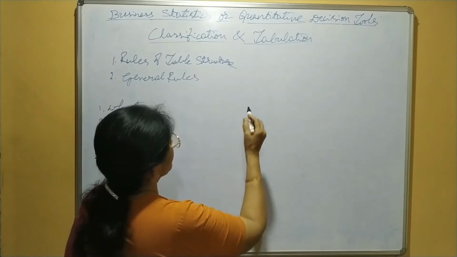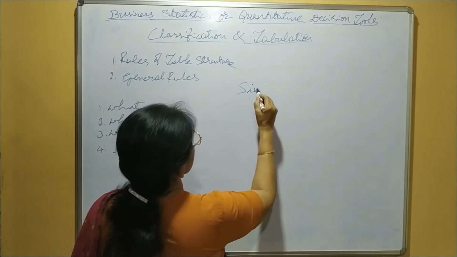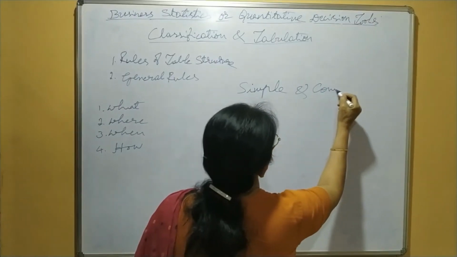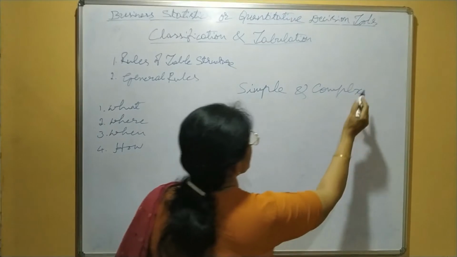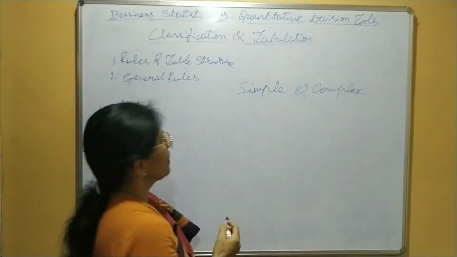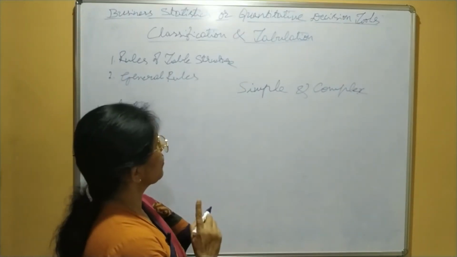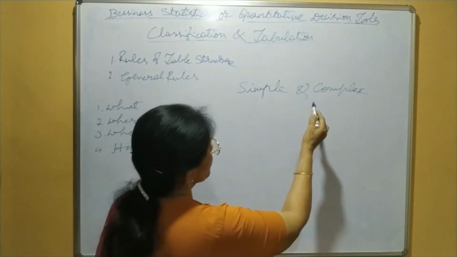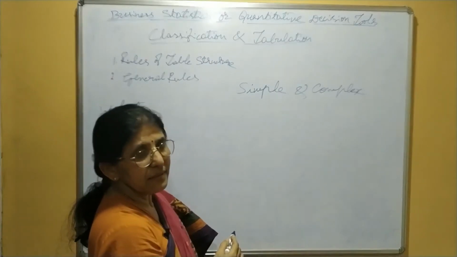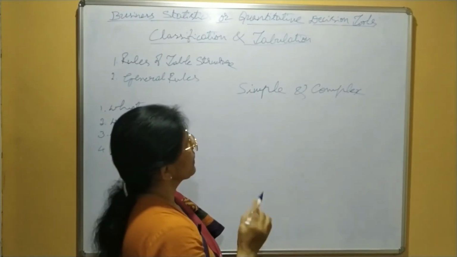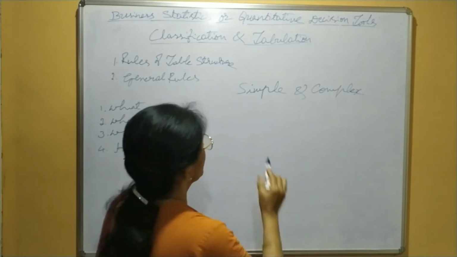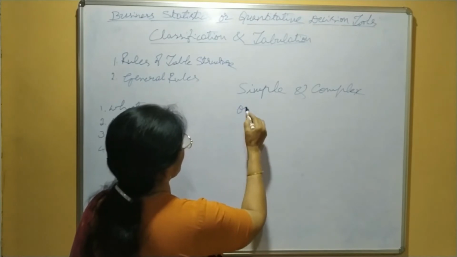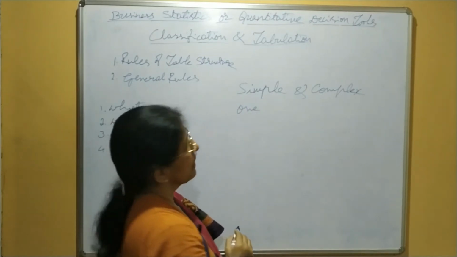Now, when you come to types of table, we come across simple table and complex table. While tabulating, if you consider only one characteristic, then it is called a simple table. If you consider 2 or more characteristics while tabulating, then we say complex table. When only one characteristic is considered, it is called a one-way table.